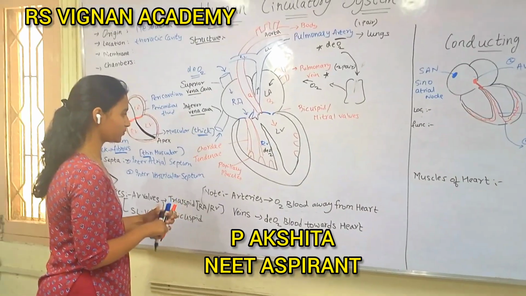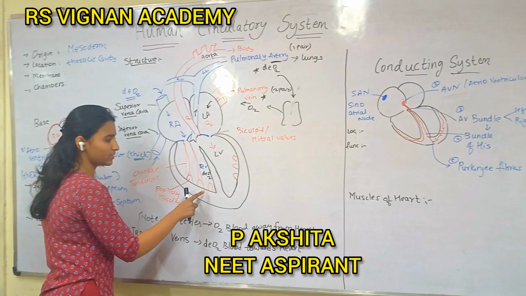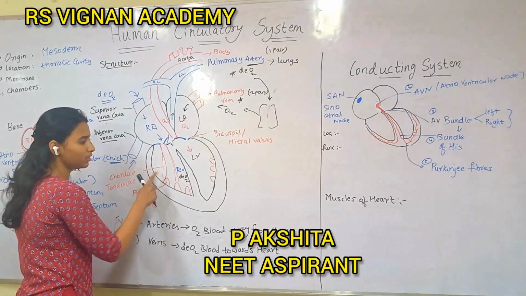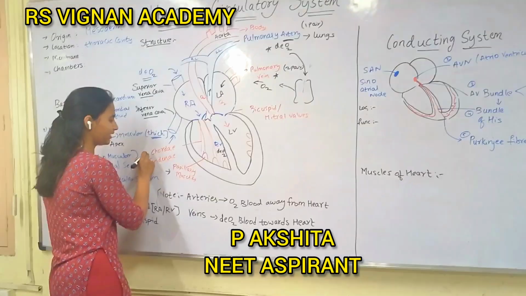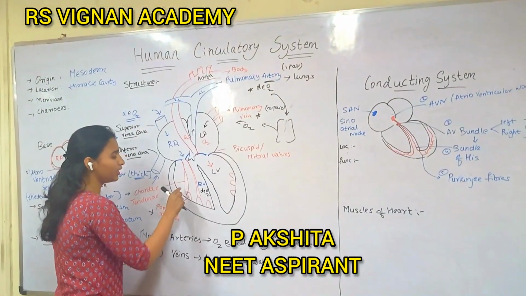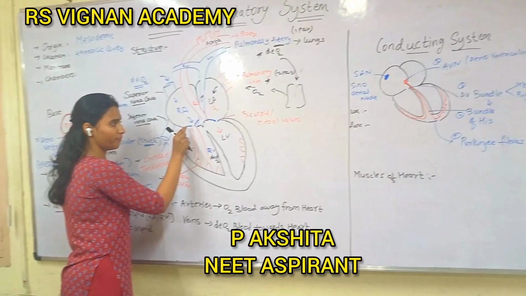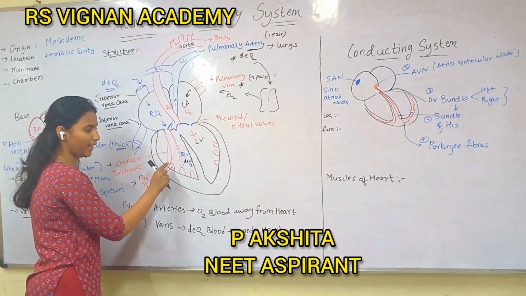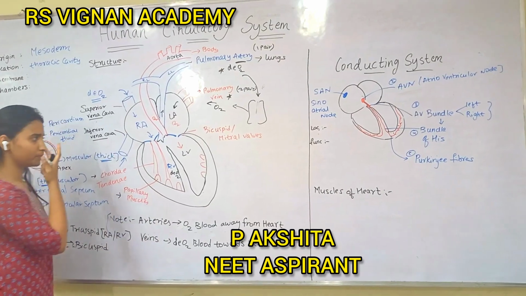Now here we have some special structures called papillary muscles. Now these papillary muscles are throughout the ventricle. Along with these papillary muscles you have chordae tendineae. Now what are these chordae tendineae? These are structures which attach from the tricuspid and bicuspid valves to the papillary muscles. Now what do they do?